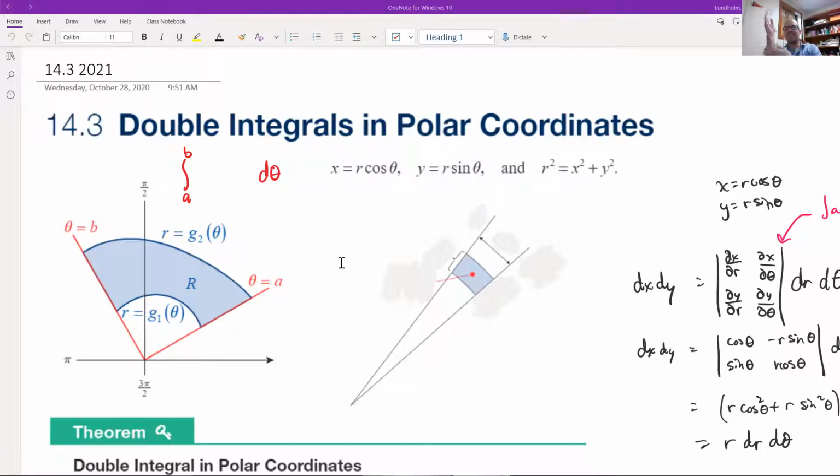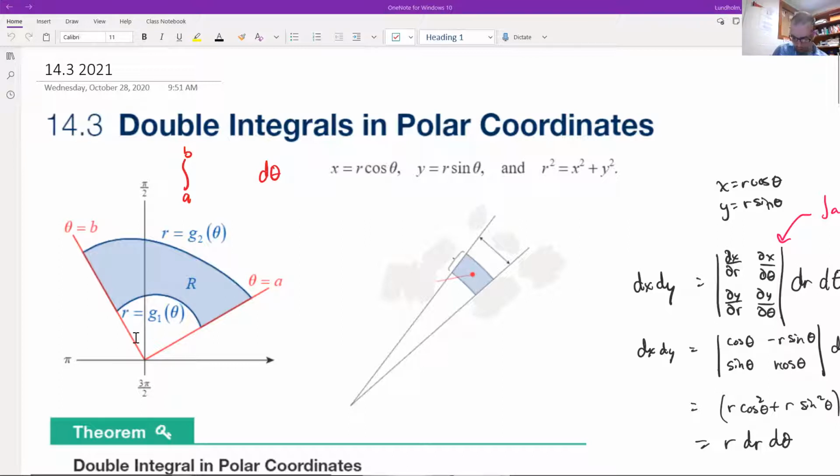And the cross sections in this context are going to look kind of like this, where we are emanating from the origin and sweeping out like a fan. In particular, we're going to pay attention to when we've got an outside function and an inside function, like an outer radius and an inner radius.